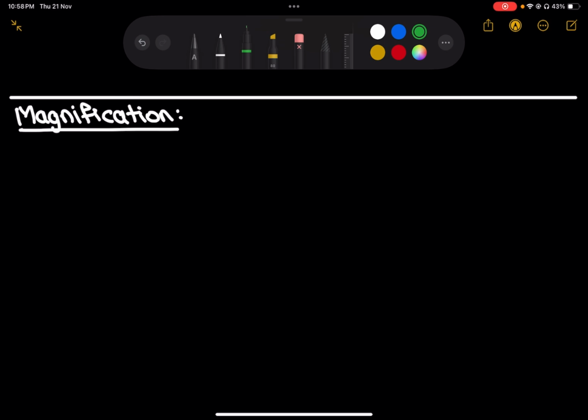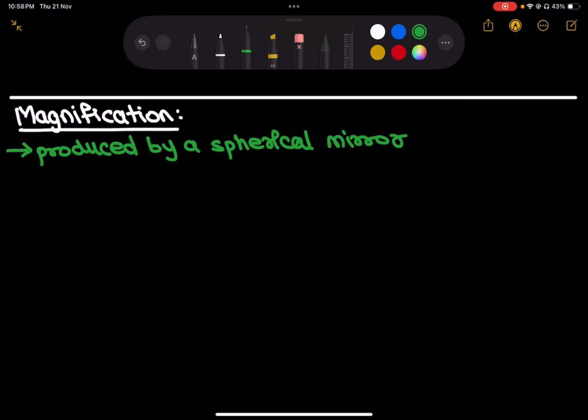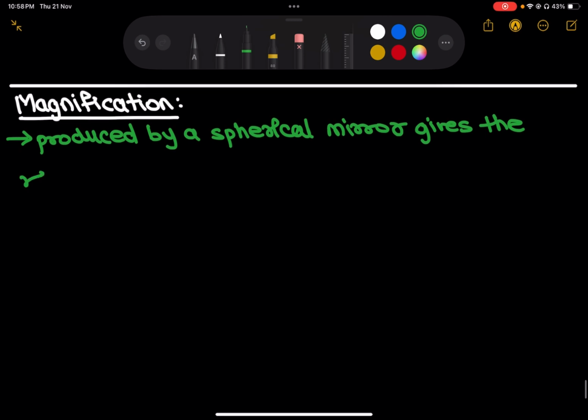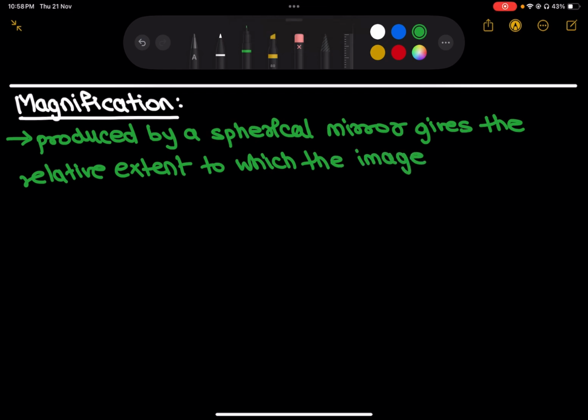Magnification produced by a spherical mirror gives the relative extent to which the image of an object is magnified with respect to object size.